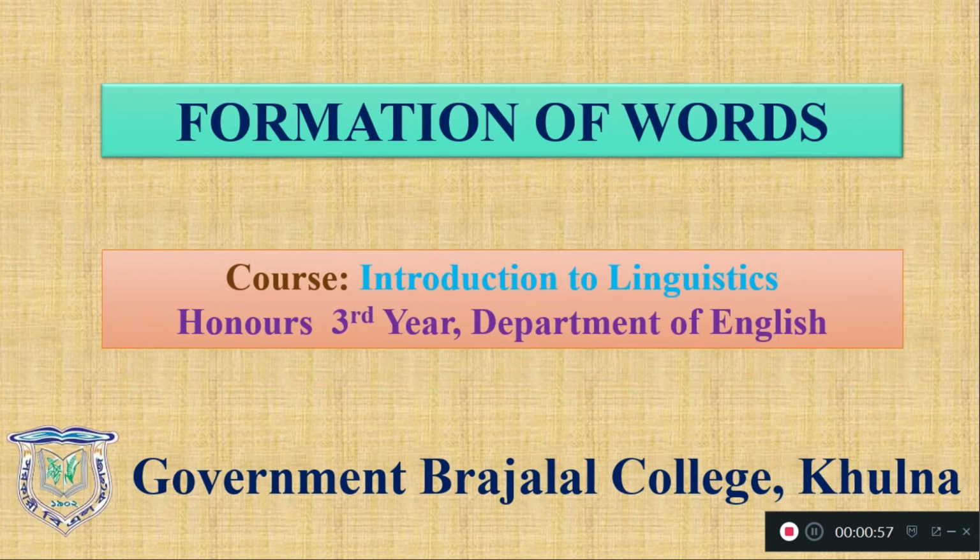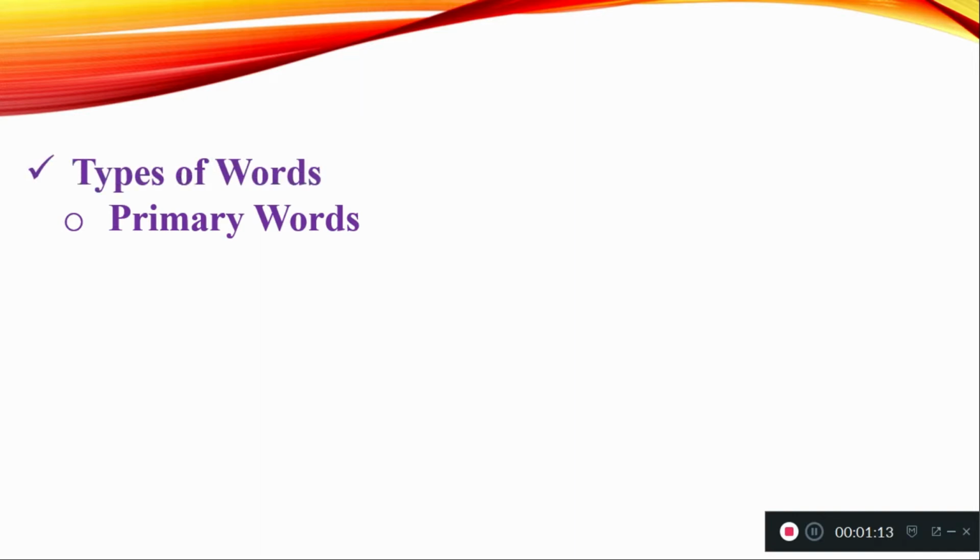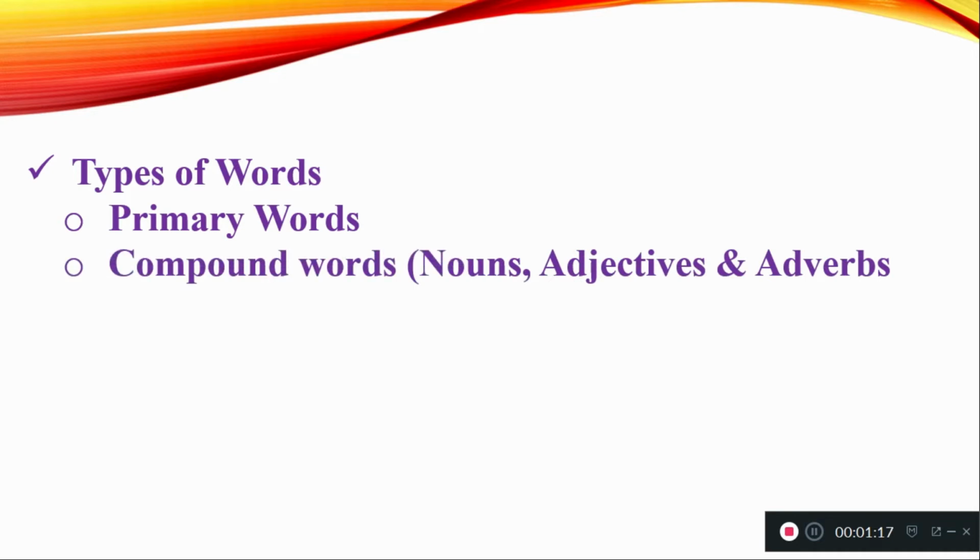Before entering into the details of English word formation rules, let's have a glance at the items that I shall discuss today. Today I shall discuss the types of words. Words are basically of four types: primary words, compound words, primary derivatives, and secondary derivatives.